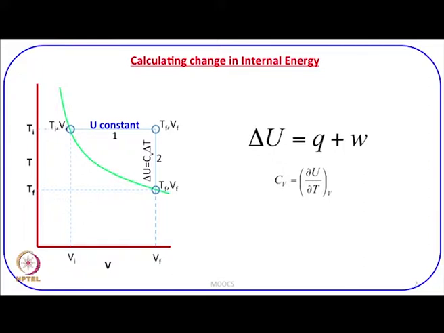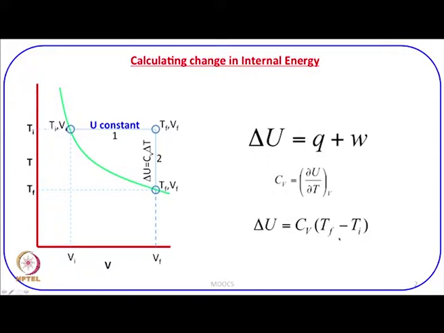From the definition of the heat capacity at constant volume, Cv is equal to dou U by dou T at constant volume, and this can be rearranged to get delta U for a finite change, which is Cv times the difference in the temperature.